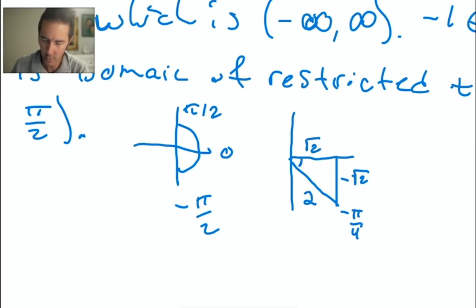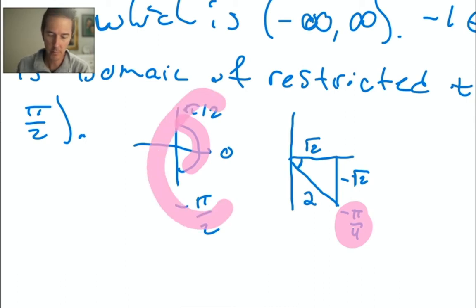The reference angle we would say is +π/4, but the actual location on the unit circle can be described as -π/4. I'm describing it as -π/4 because -π/4 is in here. It's between -π/2 and +π/2. I'm not describing it as 7π/4. While that is the same location, 7π/4 is literally not between -π/2 and π/2.